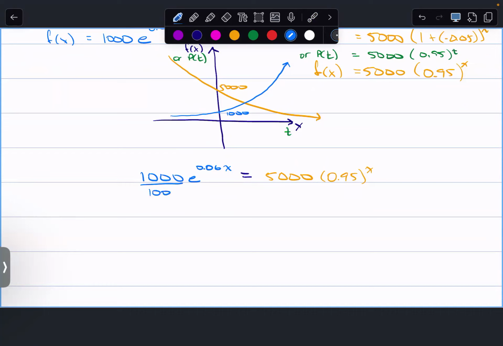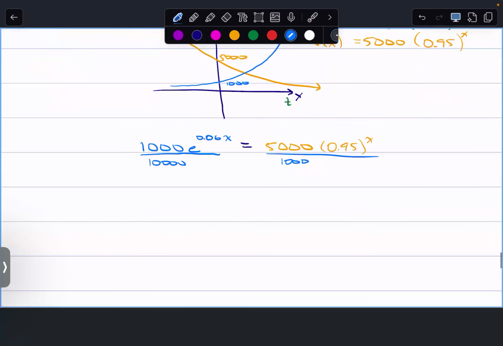So divide by 1,000, divide by 1,000. 5,000 divided by 1,000 gets me to 5. And so I have e to the 0.06x is 5 times 0.95 to the power of x.